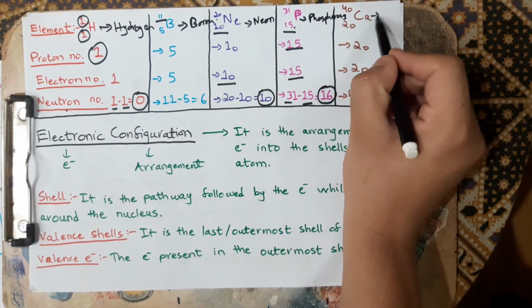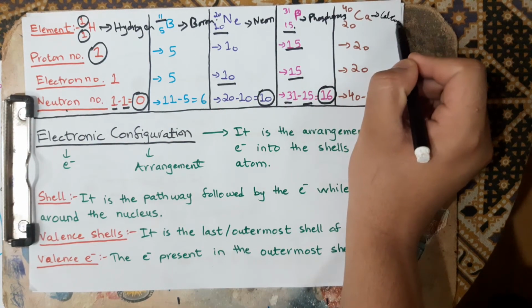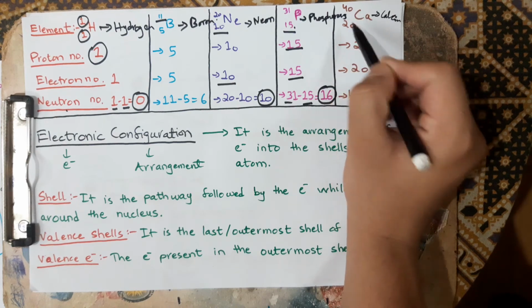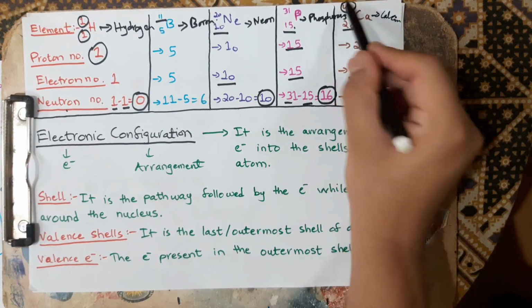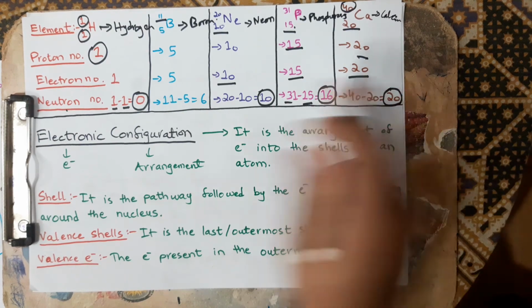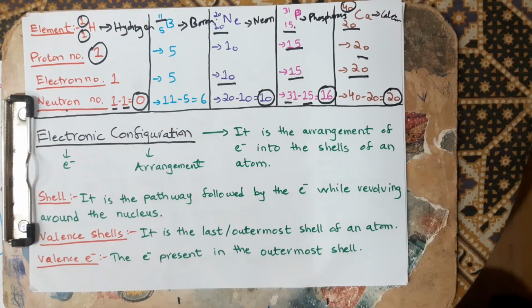And then calcium, Ca, 20 and 40: the proton number is 20, equal to the electron number, and then 40 minus 20 gives the neutron number, which is 20. So this is the method to find the number of electrons, protons and neutrons present in a certain element of the periodic table.